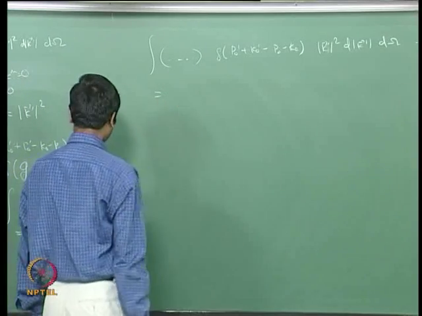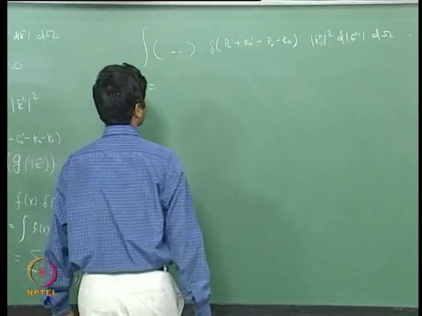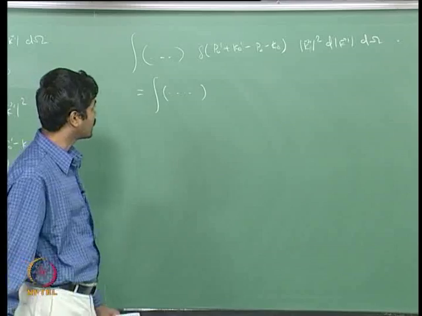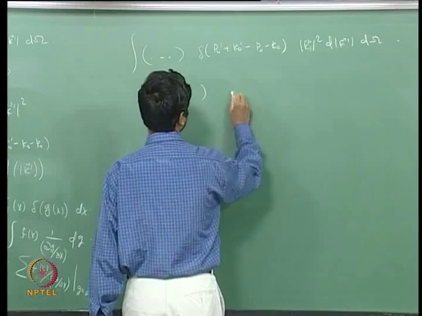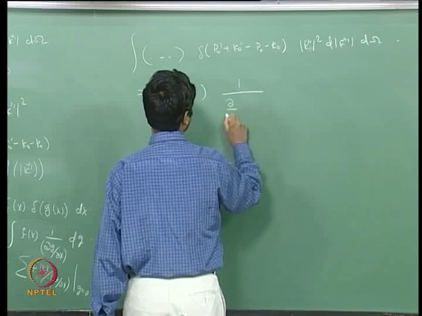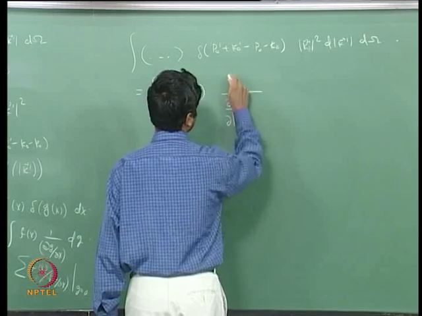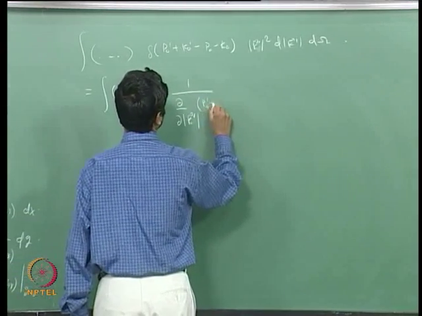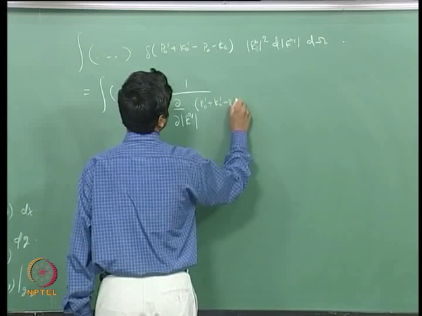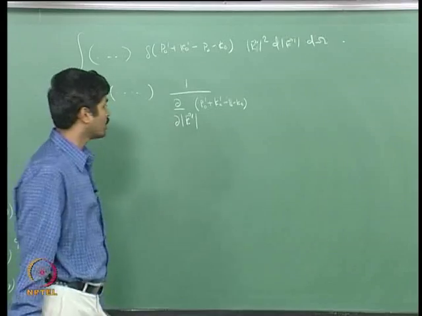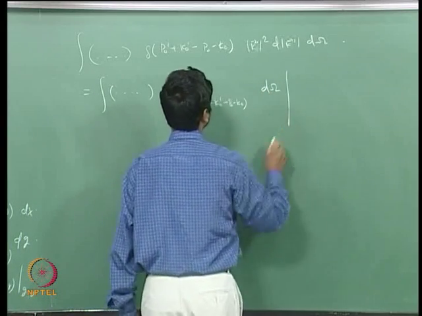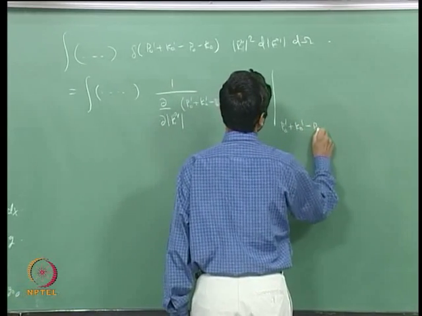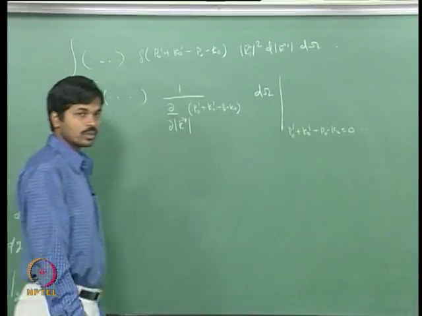As we have seen, this is the same as the whole lot of things times 1 over the derivative with respect to mod k prime of p0 prime plus k0 prime minus p0 minus k0, d omega, evaluated at p0 prime plus k0 prime minus p0 minus k0 equal to 0, right?